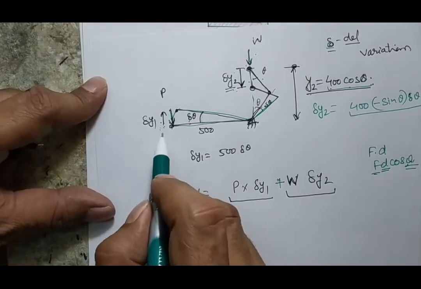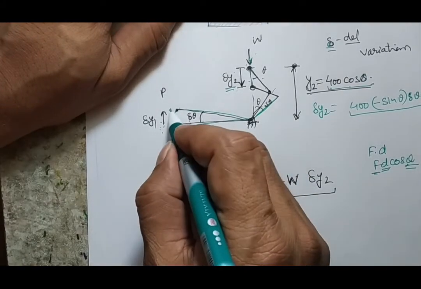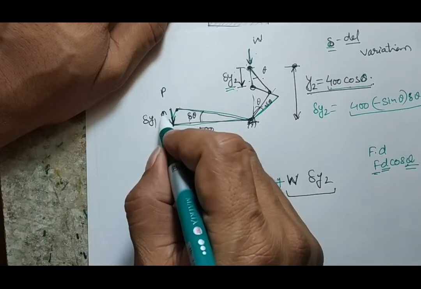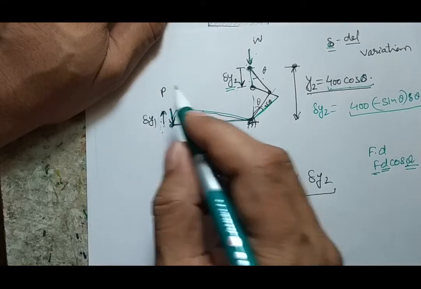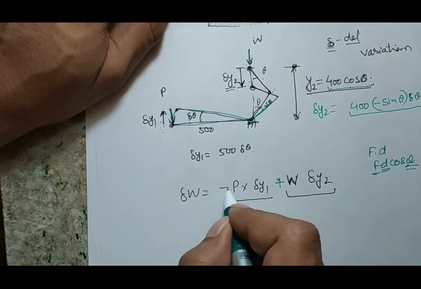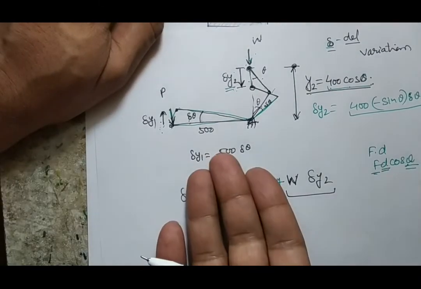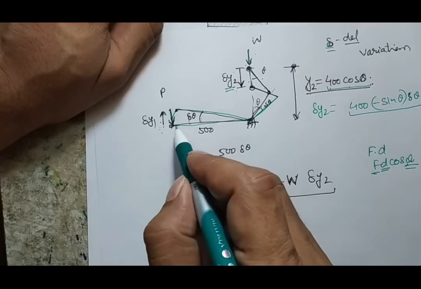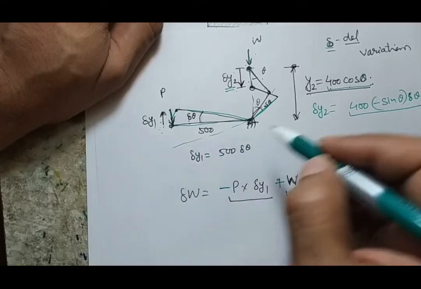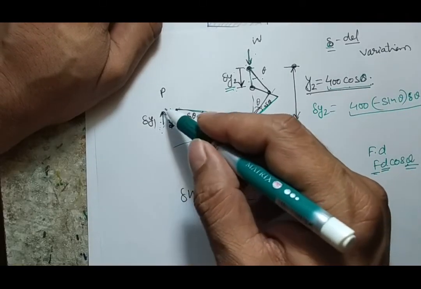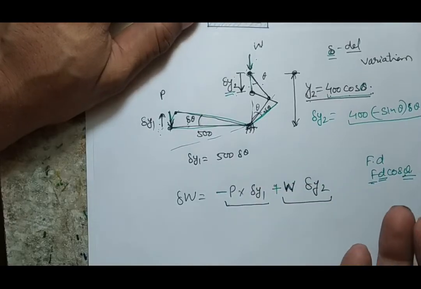On the other hand, here the force is acting in the downward direction, however my virtual displacement is in the vertical direction, so this work done will be negative. Now you may think, if I had given a rotation in the downward direction, why would this work done be positive in that case? Definitely.